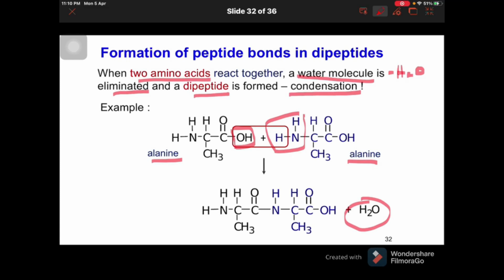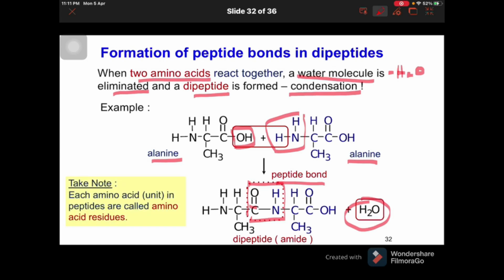And the bond between C double bond O and N is formed. This bond is called a peptide bond, and the new compound formed is the peptide, in brackets amide. Take notes here. Each amino acid unit in peptides is called an amino acid residue.